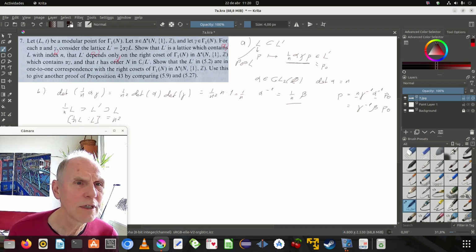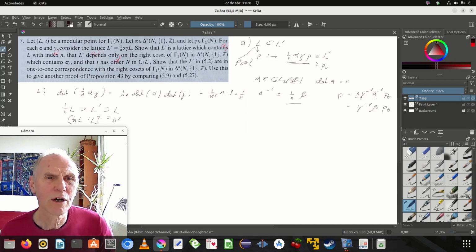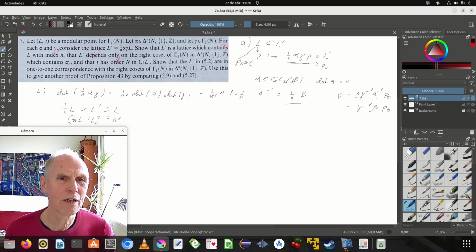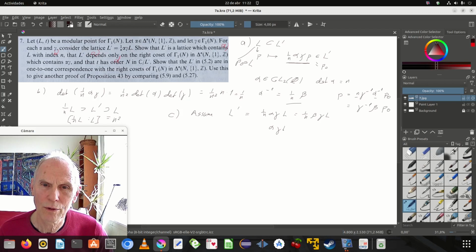Now C, it depends only on right cosets of gamma 1n. And then let's take the inverse of alpha.